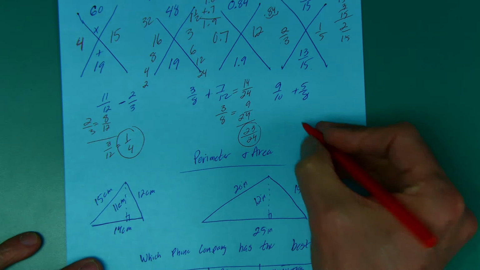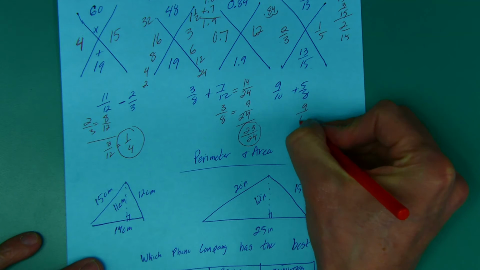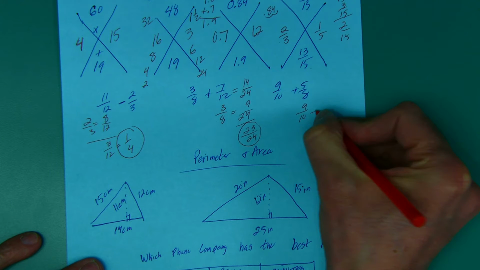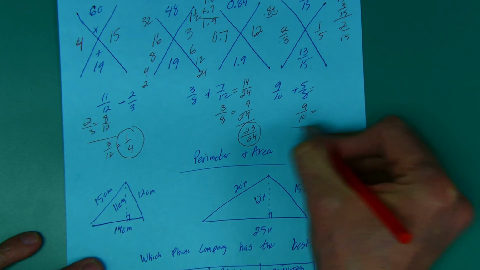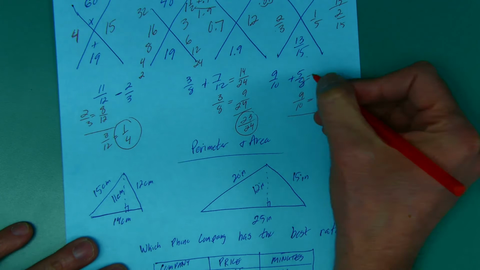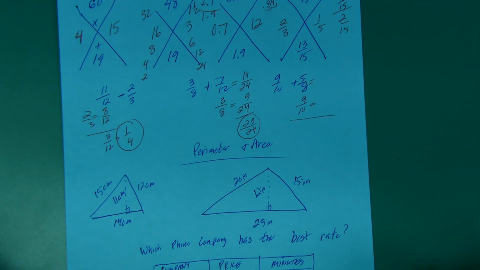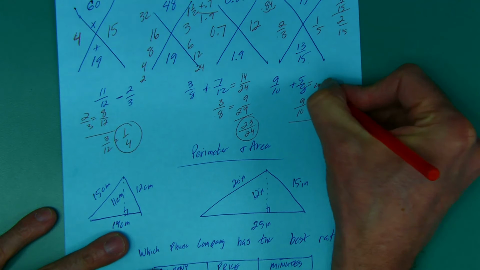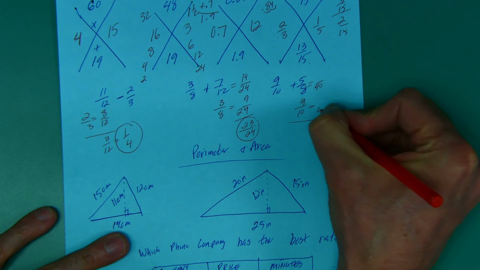Okay. Same idea here. I'm going to put the 9/10 under here because I know that I need to get some equivalent fractions. And here, what's the smallest number that 8 and 10 both go into? 40. Okay. Now, you could have changed those to 80ths, right?